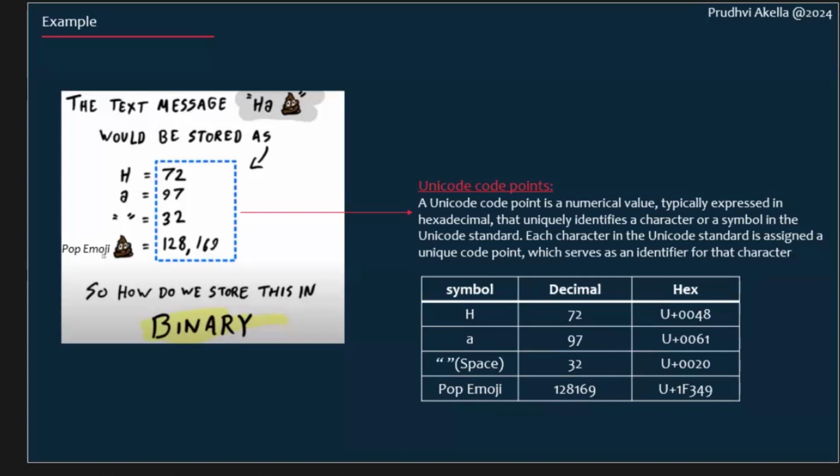Are you guys following what I'm saying? So the equivalent decimal number of the poop symbol in the Unicode table is 128169, as simple as it is.